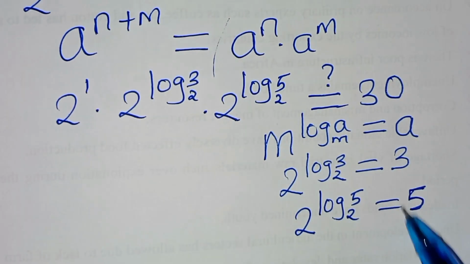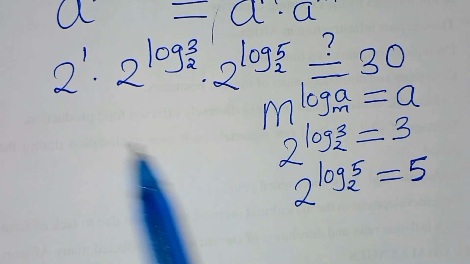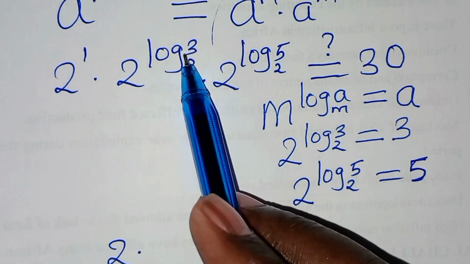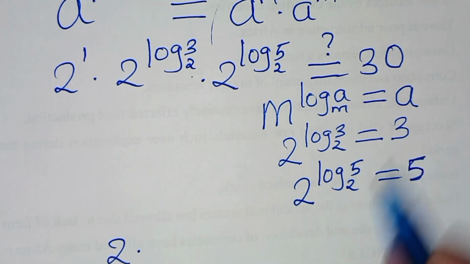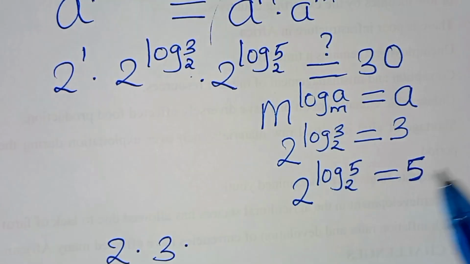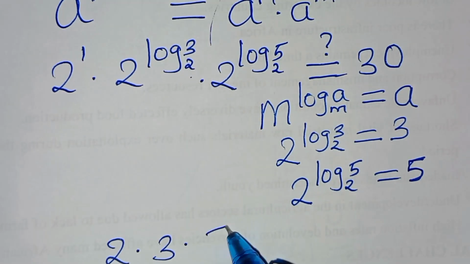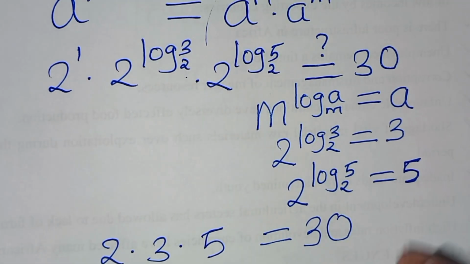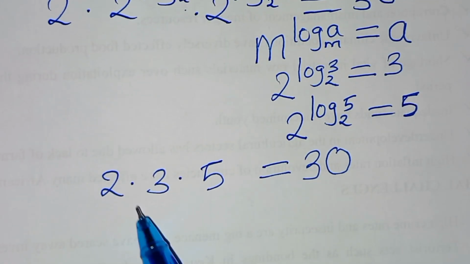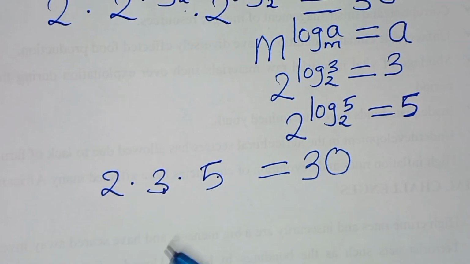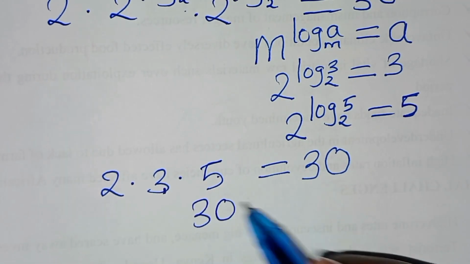Let's substitute this: 2 times 3 times 5 should give us a value of 30. So 2 times 3 is 6, and 6 times 5 is actually equal to 30.